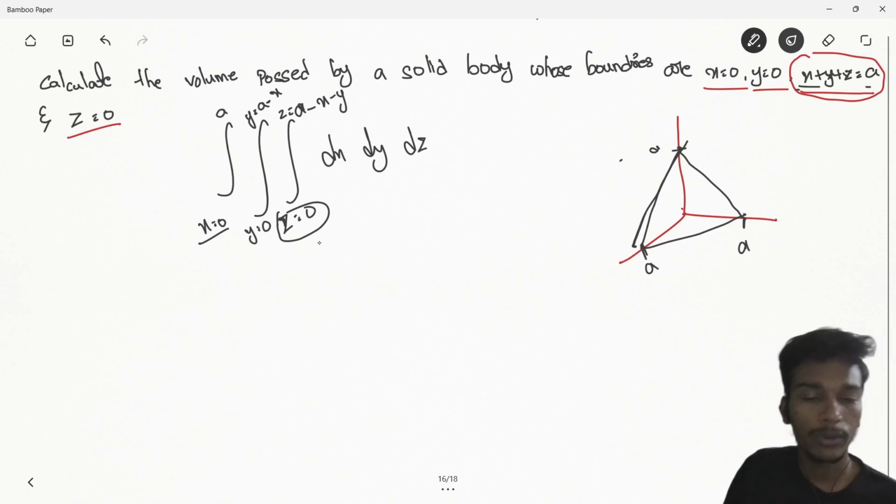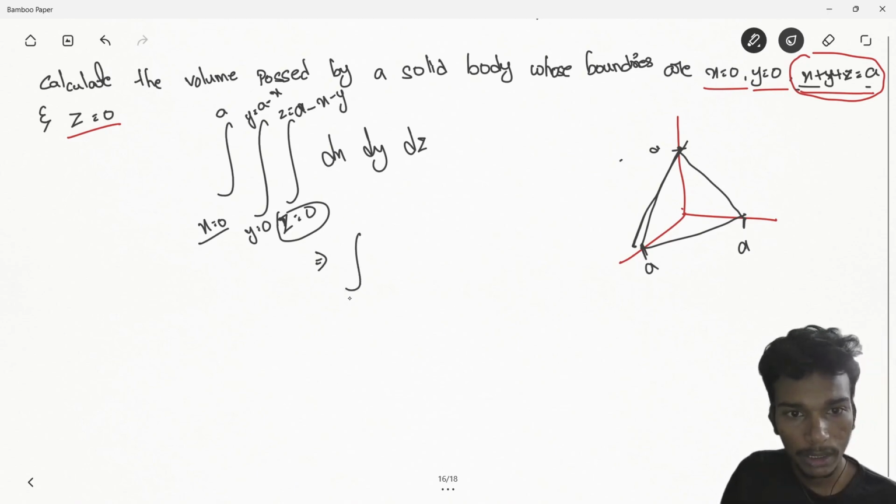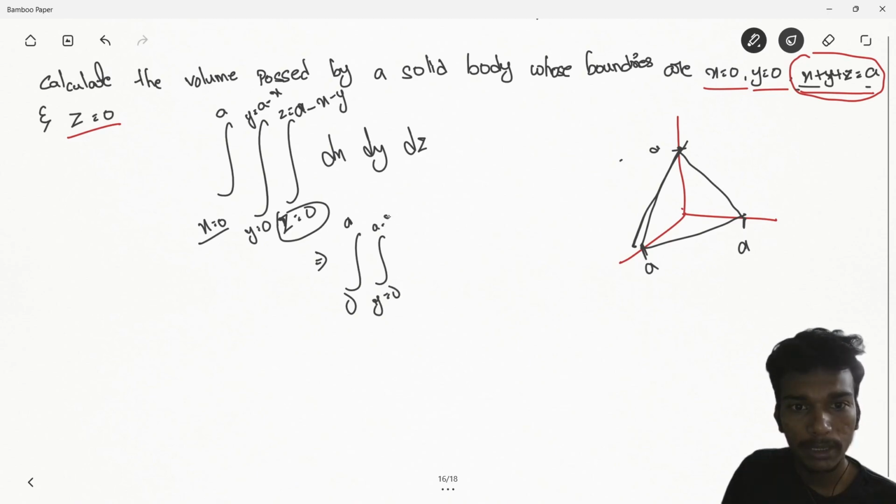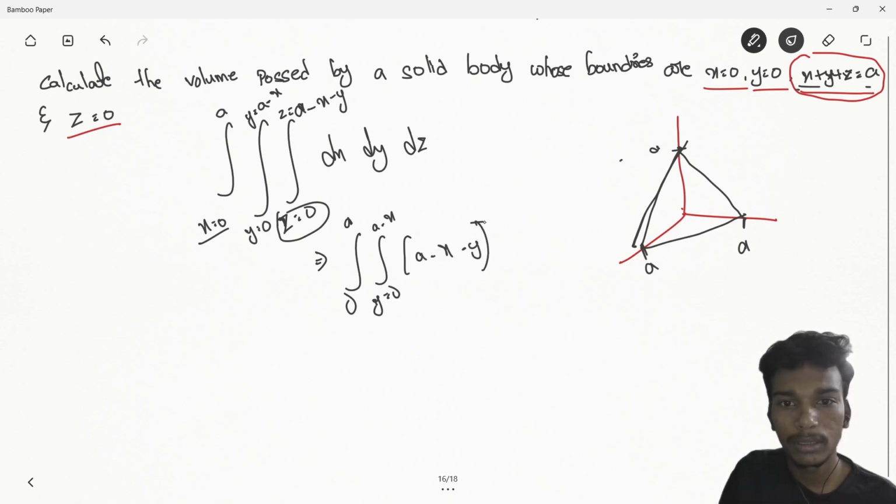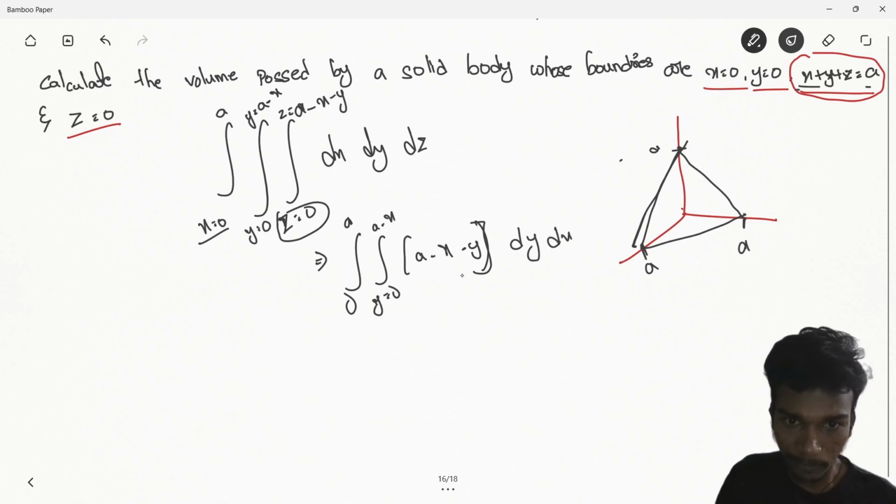Now let's carry out our integration. Integral 0 to a, integral y equal to 0 to a minus x. Now I will integrate dz. I'm directly substituting the limits: a minus x minus y minus 0, dy dx. Now we are going to integrate with respect to y.